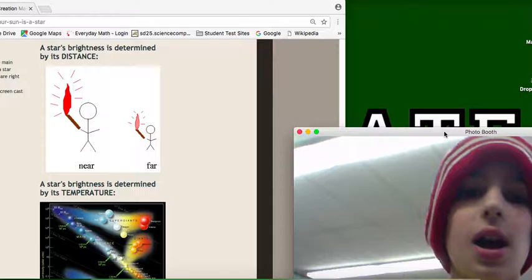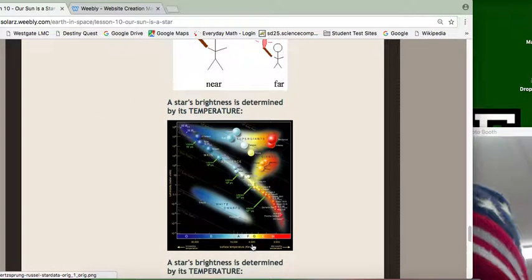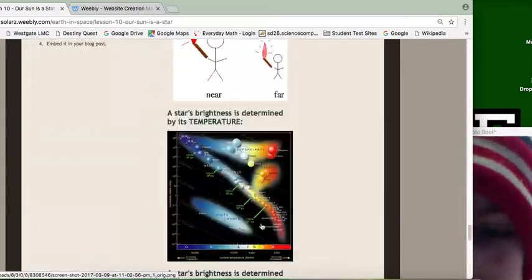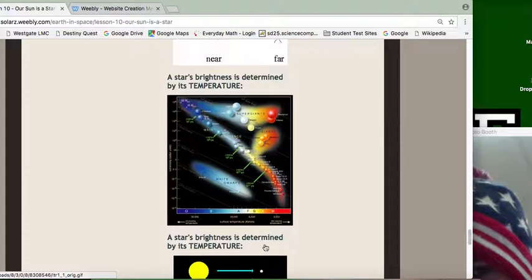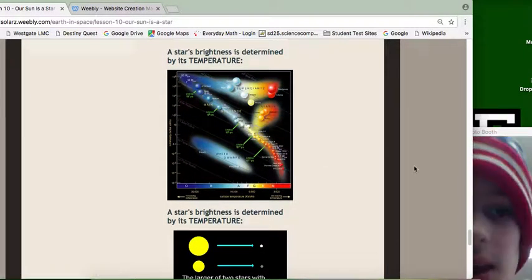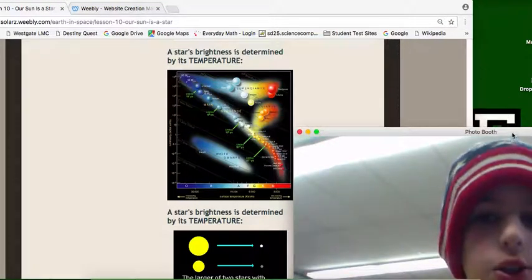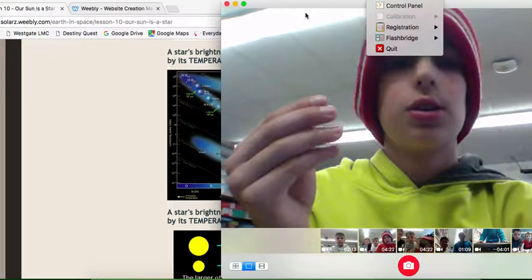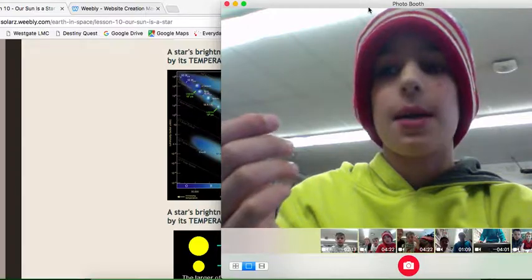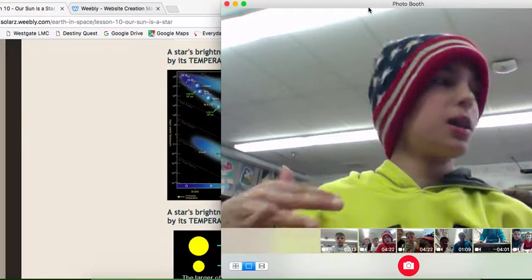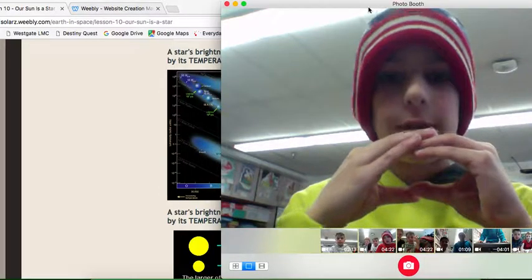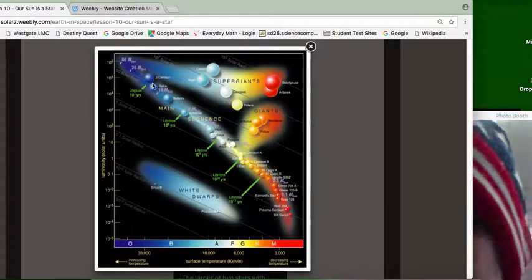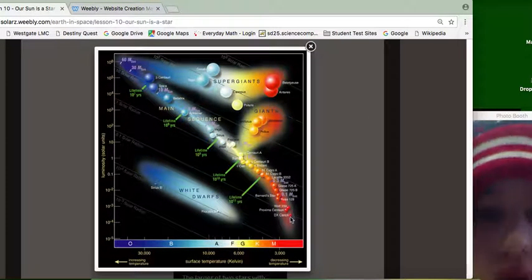It also depends on the temperature, and that also contributes to its age. When a star is in its prime time in its lifetime, the star will be very, very hot, and as you can see right here, it will be blue and white instead of red.